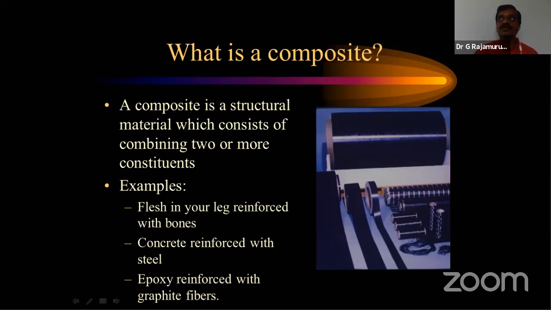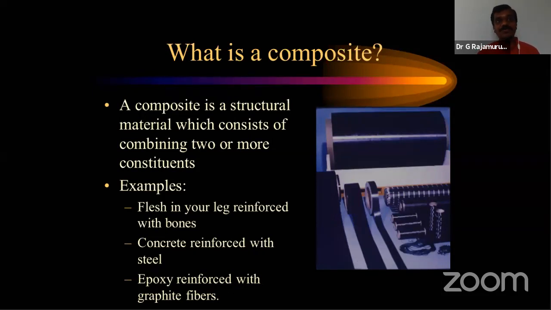For example, if you go for a fiber matrix composite, you require a resin. Resin is a major matrix. Resin will give you the bonding between the fiber and whatever reinforcement you are going to add. So this is a different approach. There are different types of composite materials available.